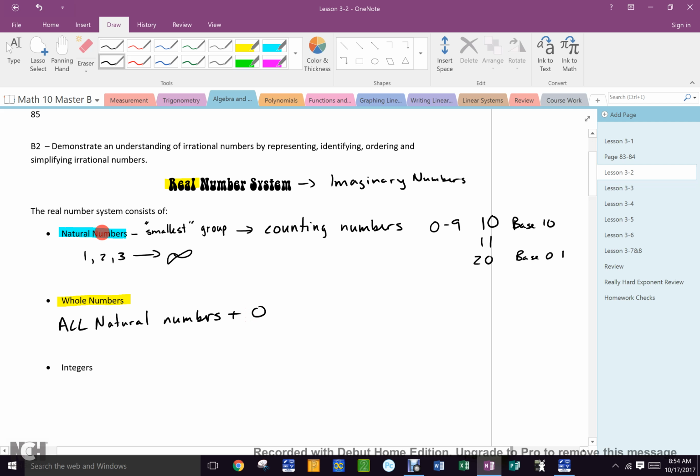So 0 isn't part of the natural numbers, but it is a whole number. So they go from 0, 1, 2, 3, up to infinity. Everybody cool? They are exactly one number bigger than natural numbers. And that one number is 0. Okay?